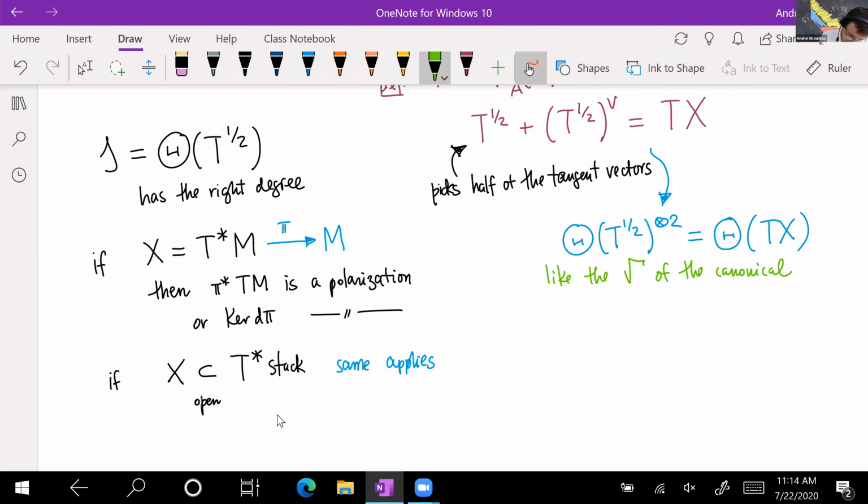Open could be, for example, GIT stable points in the cotangent bundle to some prequotient divided by G.